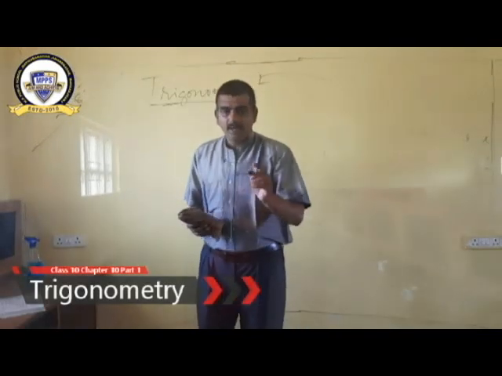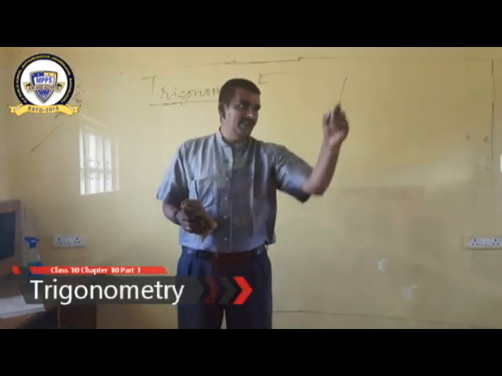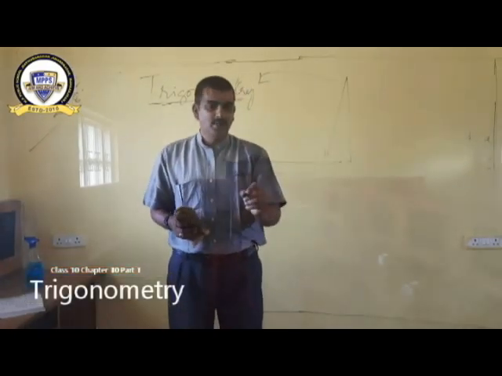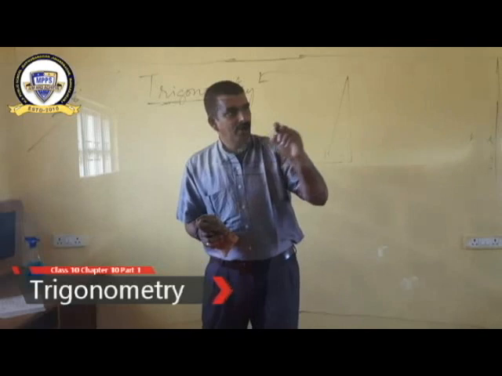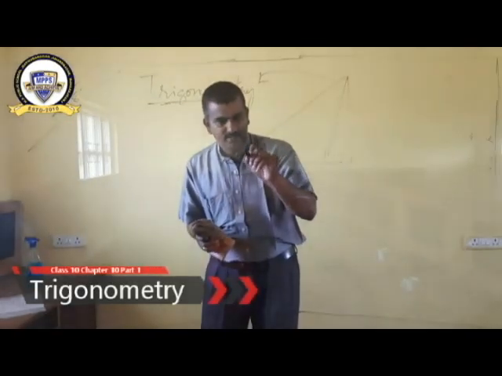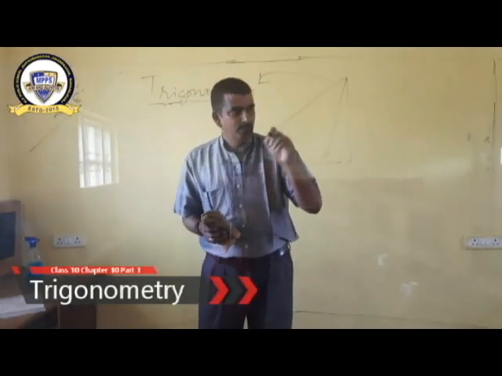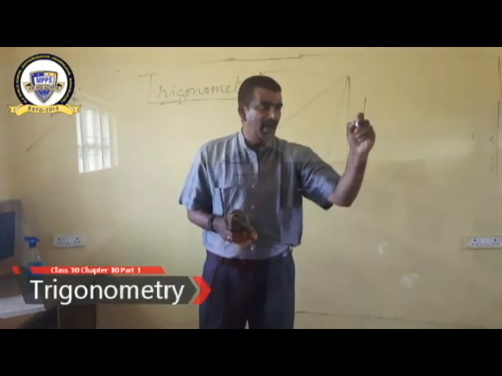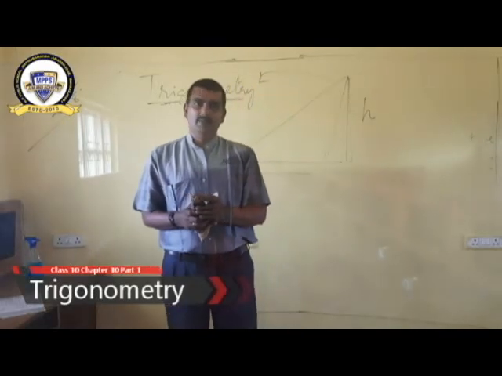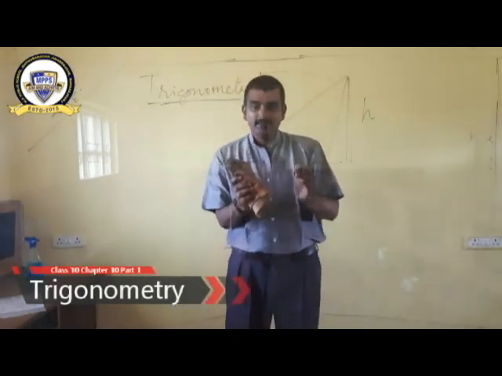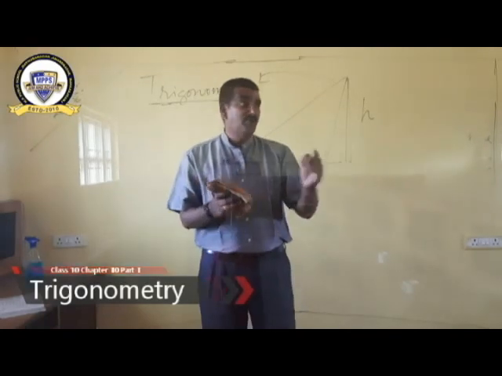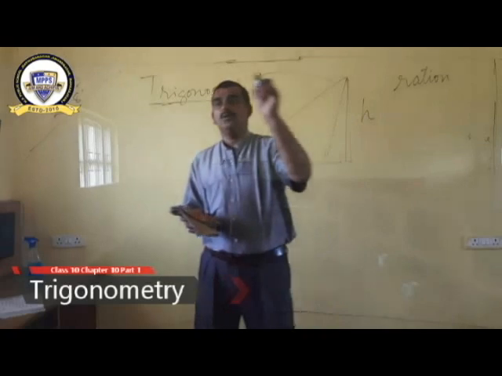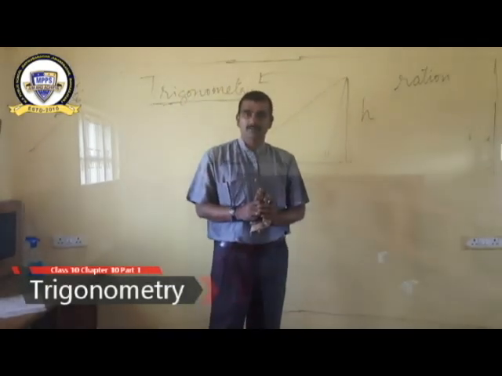Here it is Qutub Minar and you are standing over here. This distance you are knowing. And if you know the angle of elevation, if you know this angle, with the relation of angle and the side, we can find out the height of this Qutub Minar. So that relationship can be expressed in the form of ratios. Those ratios are called trigonometrical ratios.